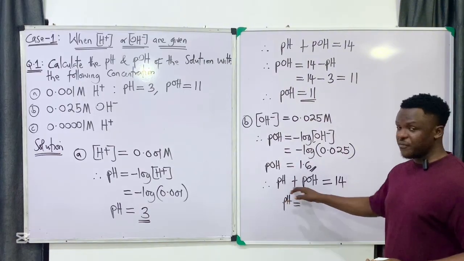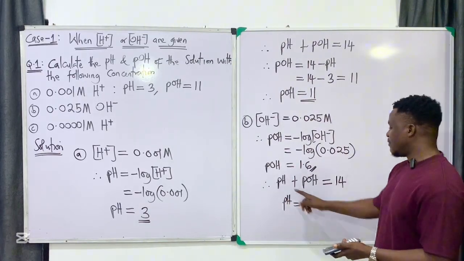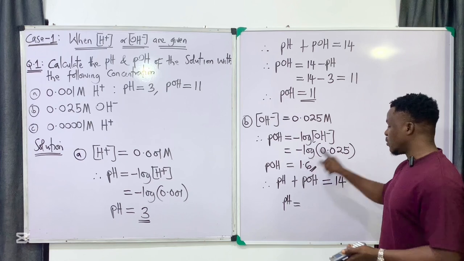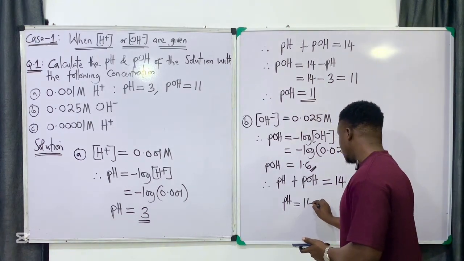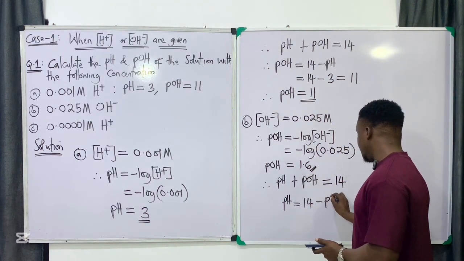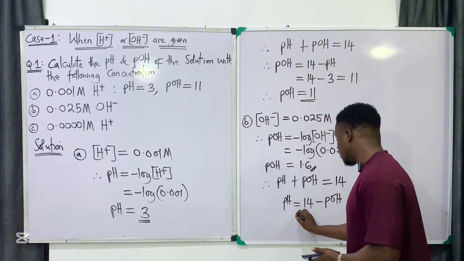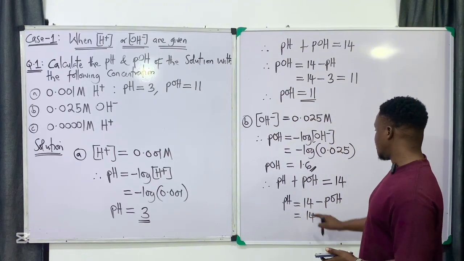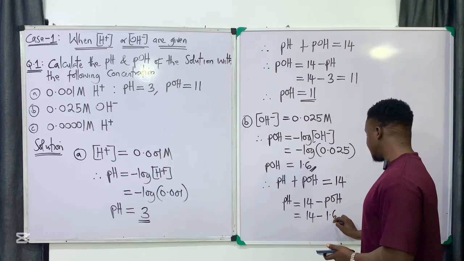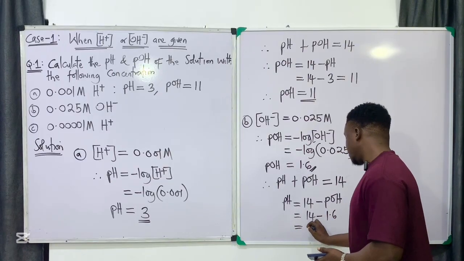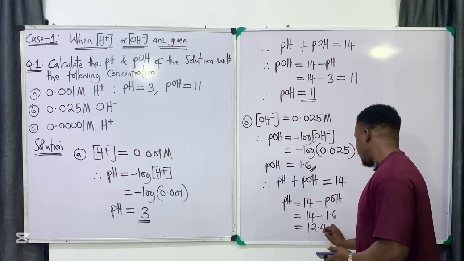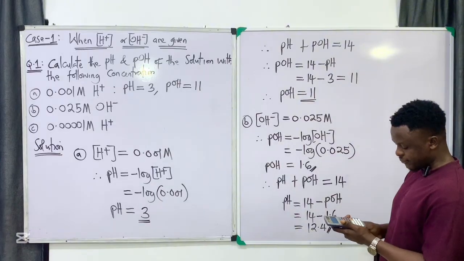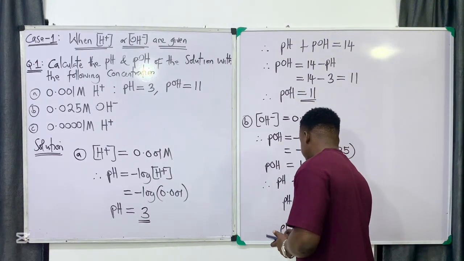If you know any one of them, you can get the other one. If I make pH the subject of the formula, this becomes pH equals 14 minus pOH. So this is 14 minus 1.6, which becomes 12.4. So that is the answer for that.